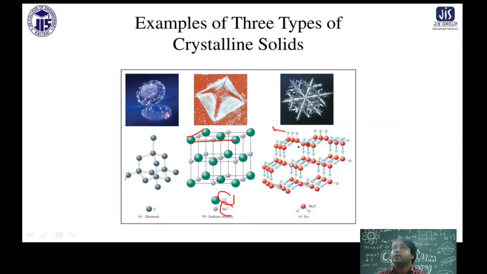But here, water is connected with hydrogen bonds. But the key is that everything is arranged in a definite way.